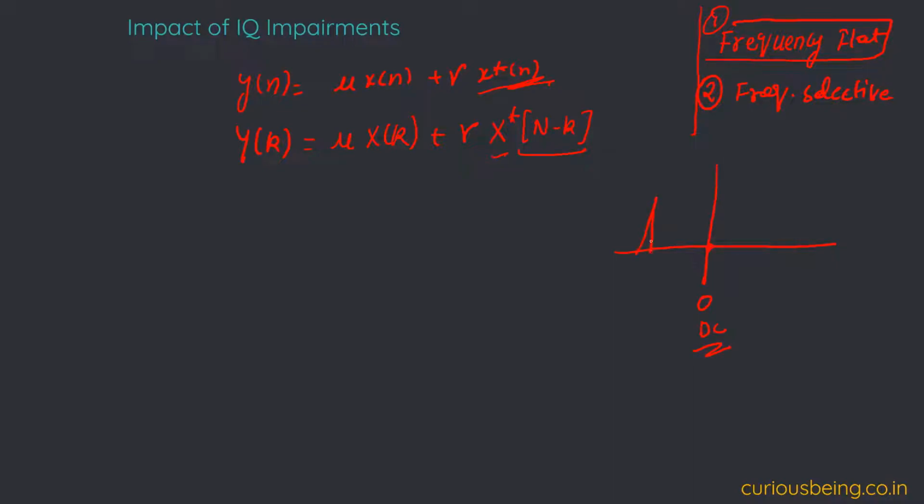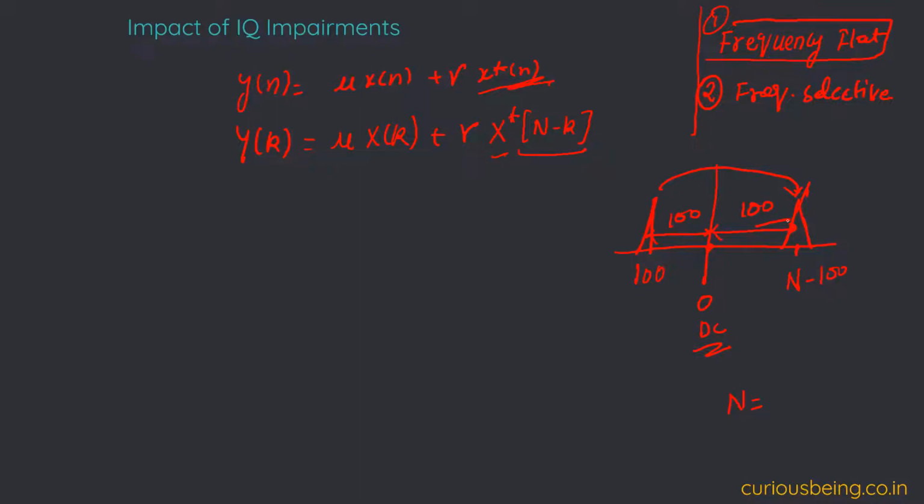So if some subcarrier is present at, let's say, 100th subcarrier, and I'll talk in terms of n, what will be x n minus k? X n minus k will be n minus 100. Or basically it is just the mirror image across DC. If it is 100 from here, it will be 100 from here. That's the basic point I am trying to convey.